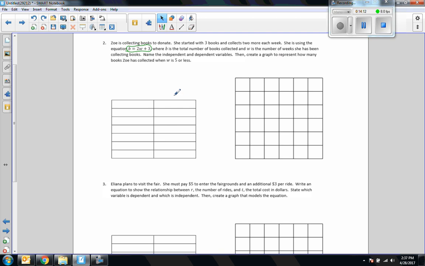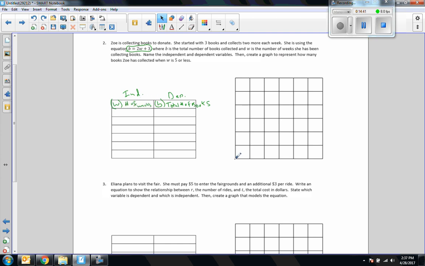B is my dependent variable, and dependent is over here, and independent is over here. So this is B, and this is W. It's the easiest way to do this. And B is total number of books. And W is number of weeks.